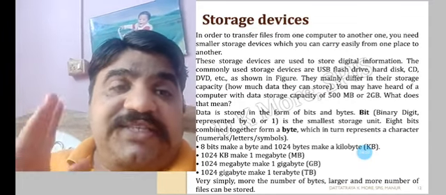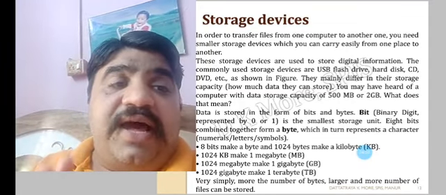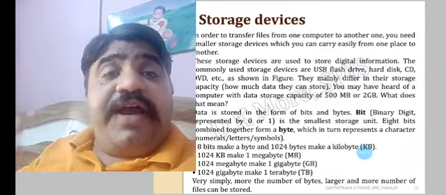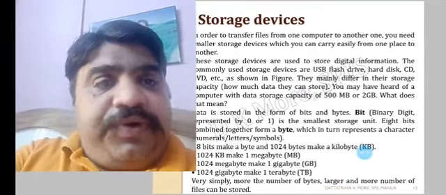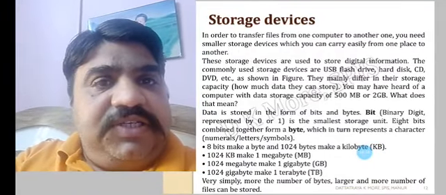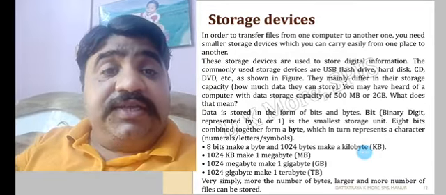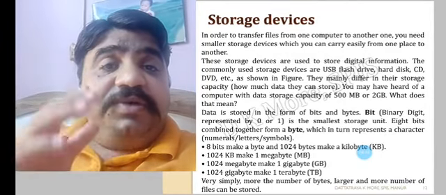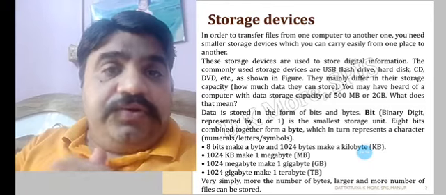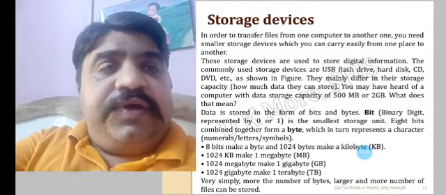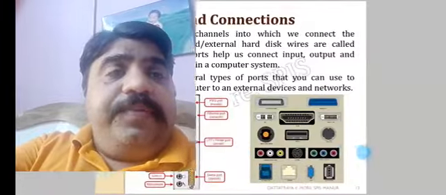Very simply, the more bytes, the more files can be stored. That's why people are working to increase the capacity of our computer. Whenever we purchase a computer, we check its memory, RAM, and its storing capacity, meaning HDD, hard disk drive, how much capacity it is, 2 TB or 4 TB or 8 TB, like this way. So let us move ahead.